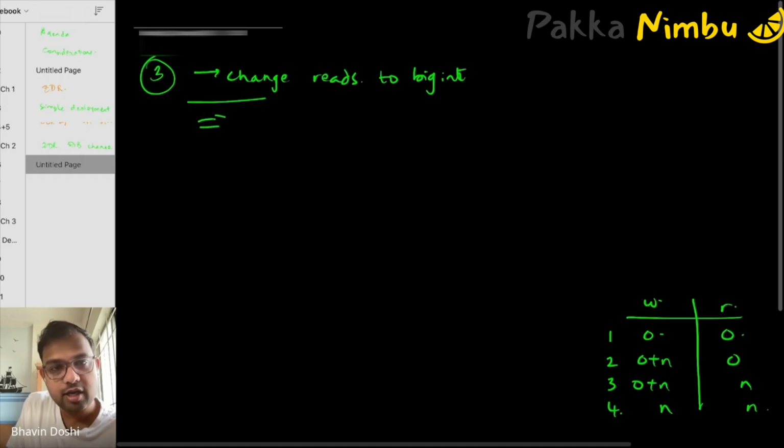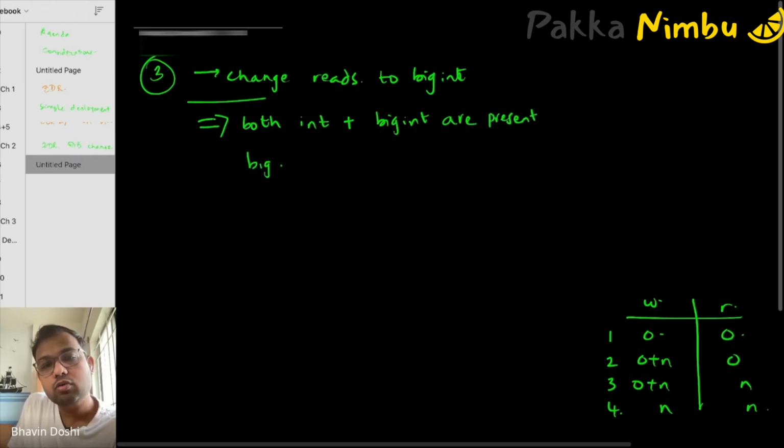So the result is that both int and big int are there, जो पहले भी था. But only big int is being referred now. So int is being written, but nobody is referring to it.